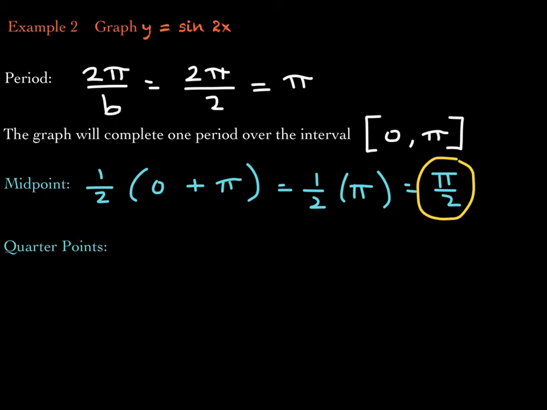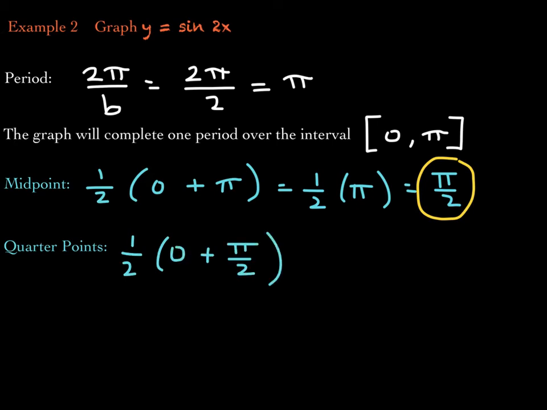Now, in order to find the first quarter point, what we're going to do is find the midpoint between the left endpoint and the midpoint, okay? We're going to find the distance halfway between the left endpoint and the midpoint. In other words, we're going to take half of 0 plus pi over 2.